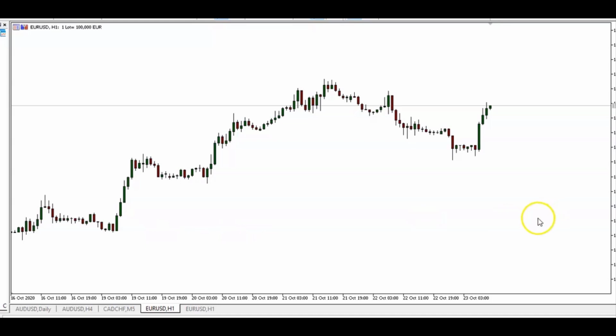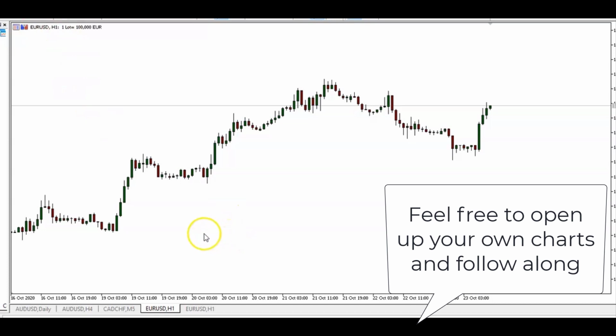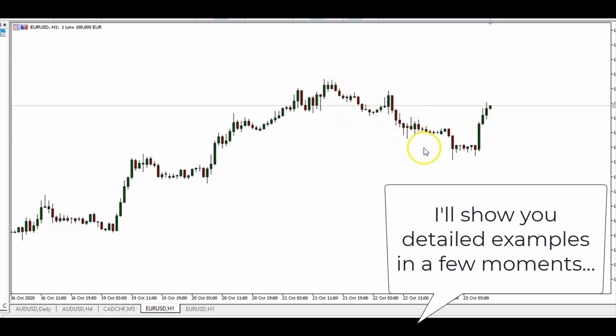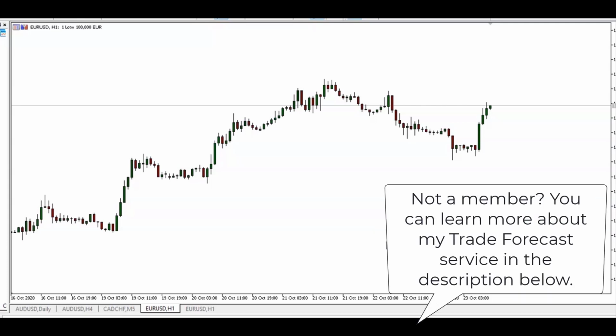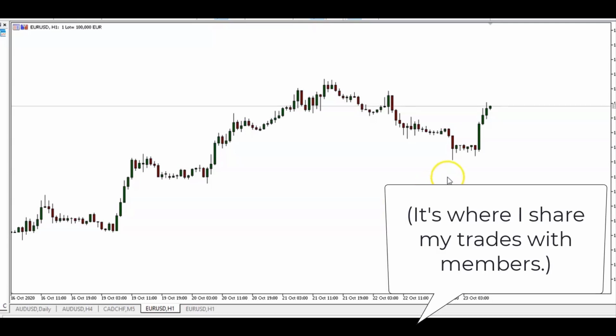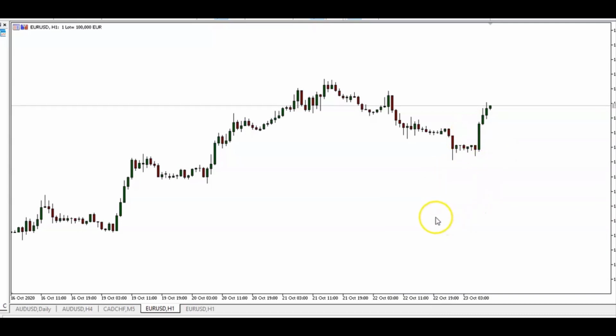So first off, this is just a chart. It could be any market. It's just Euro US dollar set on a 1 hour time frame, for example. In the majority of cases when you follow the EPS forecast service, I would release a trade alert via our Telegram group to tell you to get into a market, and quite often you'll then just place a buy stop order or a limit order, whatever it might be.